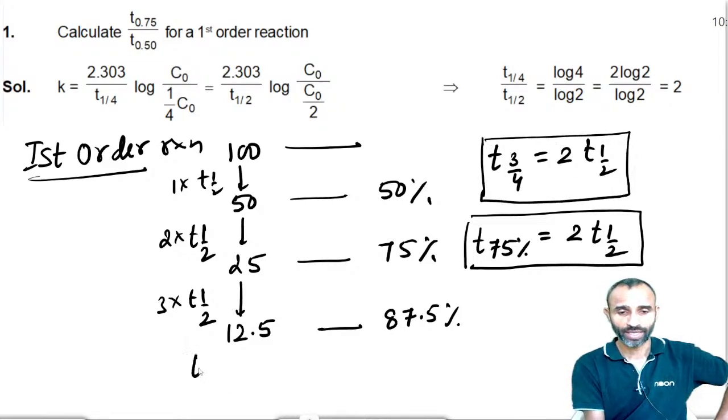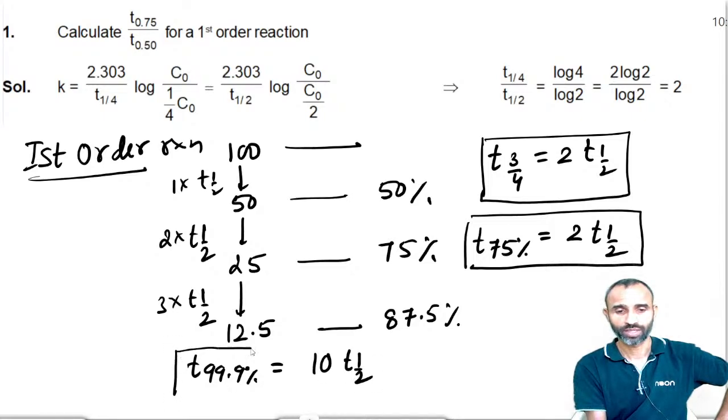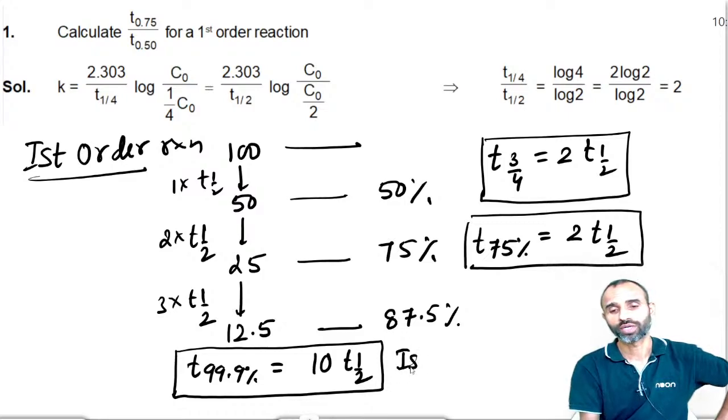And t99.9% is equal to 10 times t half, for first order reaction.